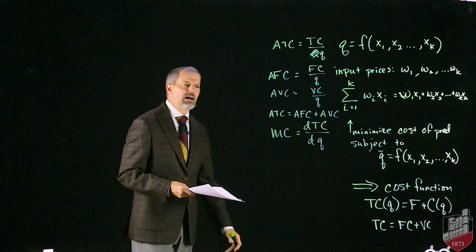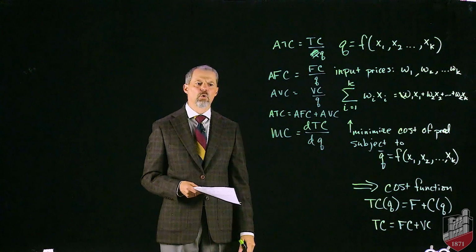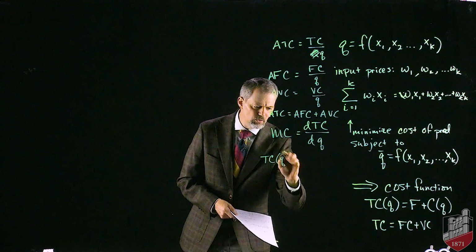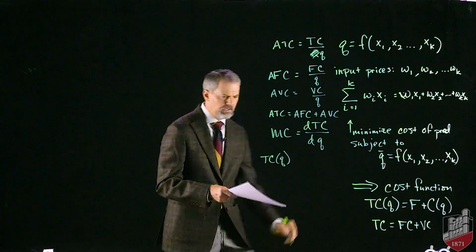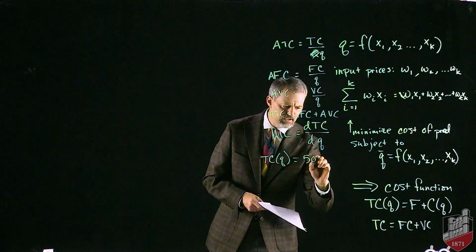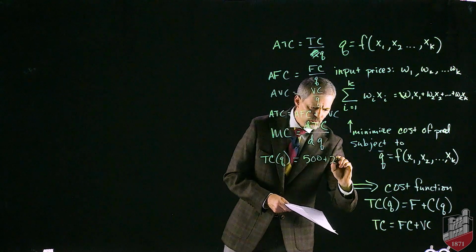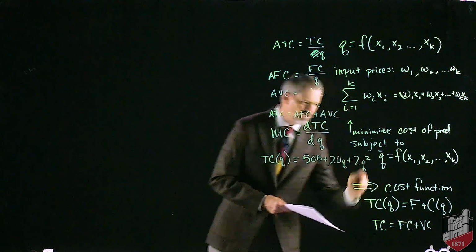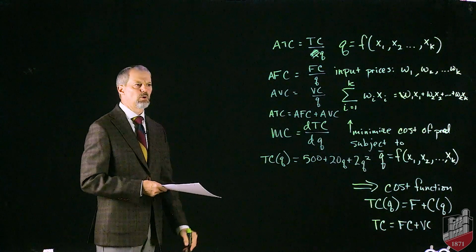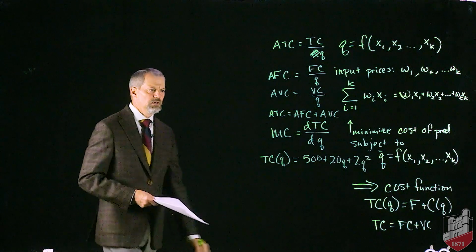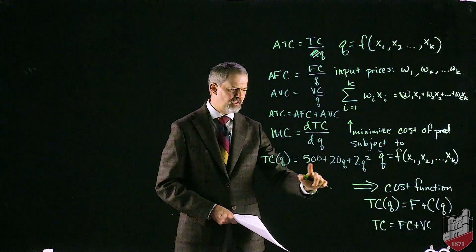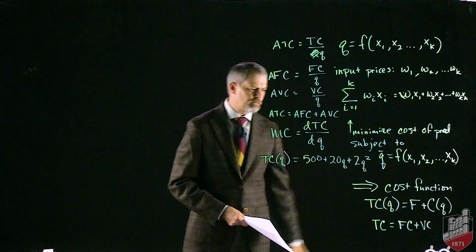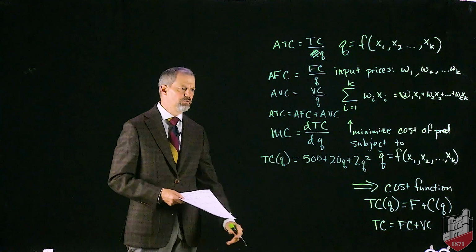If we were to think about, say, a quick example of that, we could have a total cost curve that looks something like this. Total cost as a function of quantity is equal to, say, 500 plus 20Q plus 2Q squared. There's a straightforward cost function. This part of it would be your fixed cost because it doesn't involve a Q. This part of it out here would be your variable cost because clearly there are Q's involved in that.